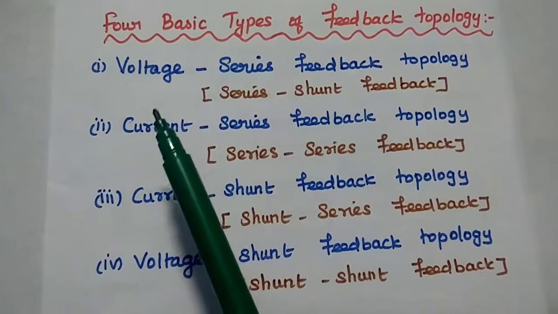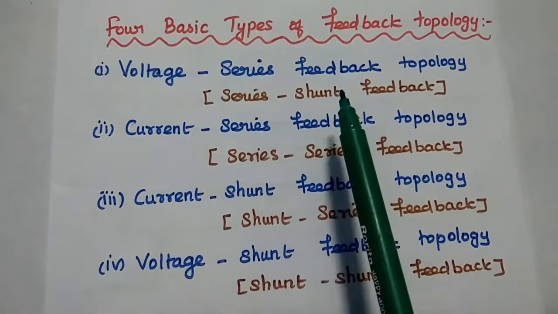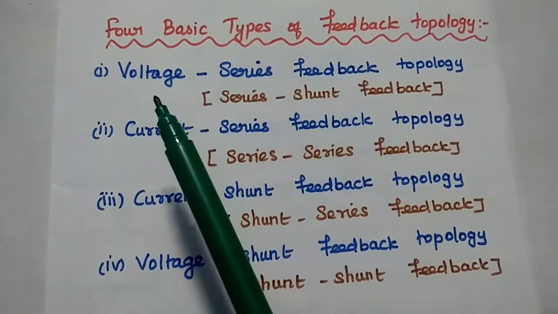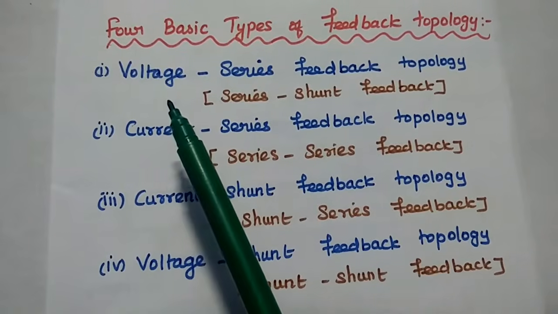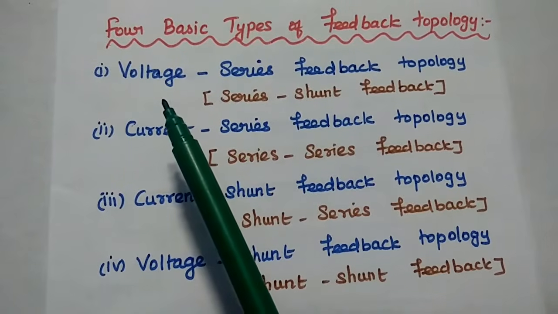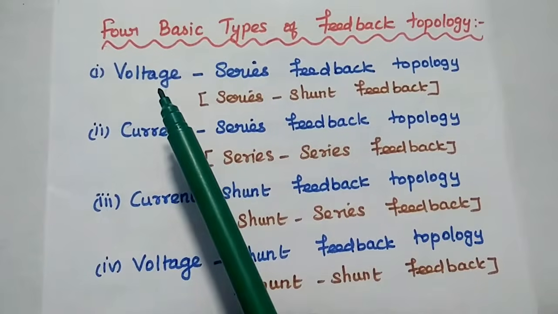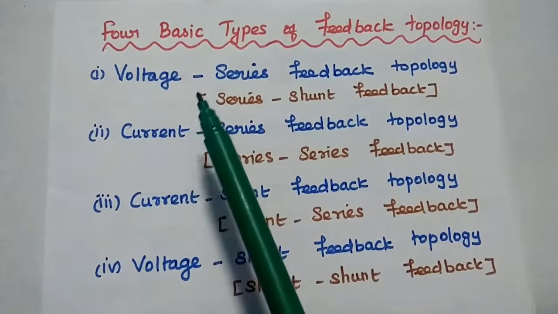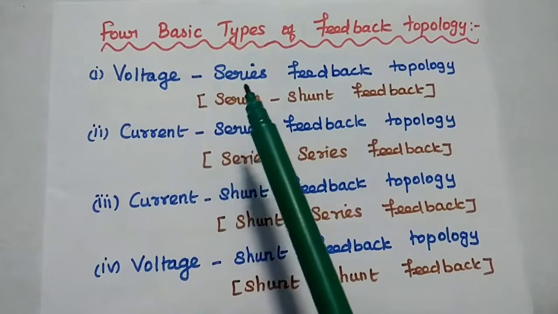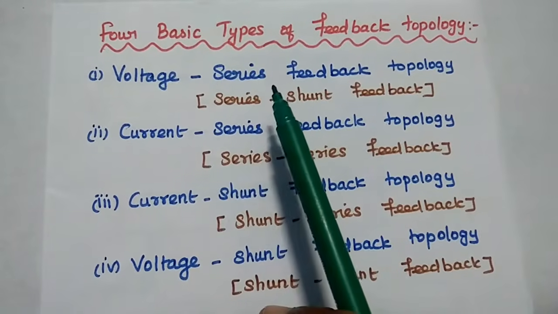The first one is voltage series feedback topology. Here the first term voltage represents the sampling process at the output side. So we are going to take the samples of this voltage and provide that feedback signal in series to the input side.